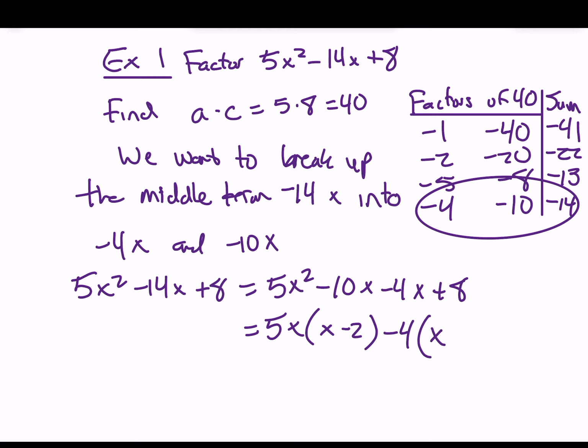Well, they have a negative 4 in common. Negative 4 times x is negative 4x, and negative 4 times negative 2 is 8. And since we have the common binomial factor x minus 2, we can rewrite this as 5x minus 4 times x minus 2. And that's fully factored.